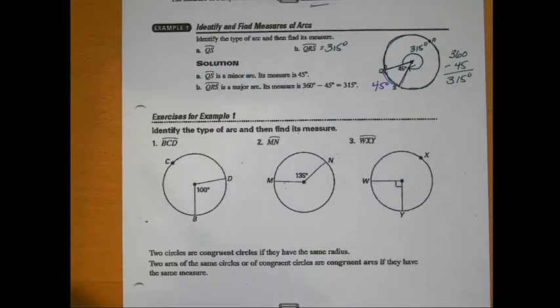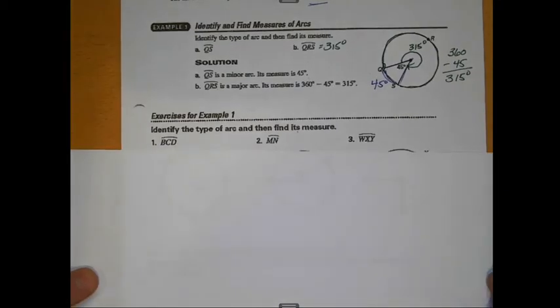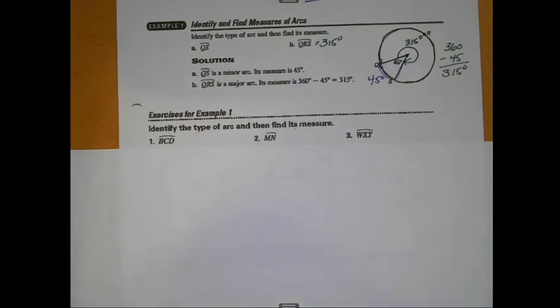So let's take a look at this and identify the type of arc and then find its measure. Oh, okay. Well, a couple things come from this. If I don't have a picture, could I determine whether it's a major arc, a minor arc, or a semicircle? And the answer is, yeah, I could.